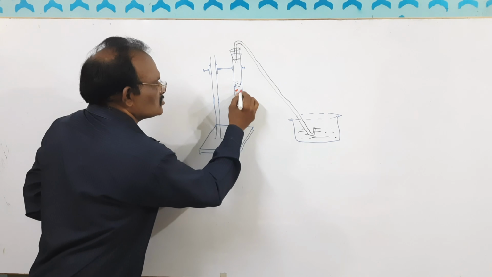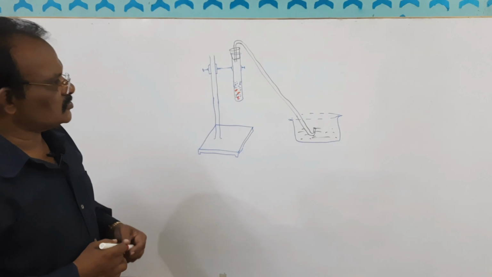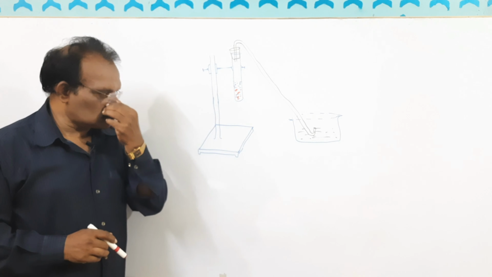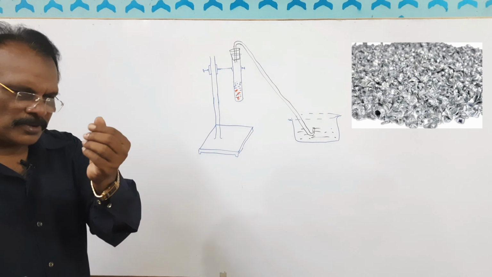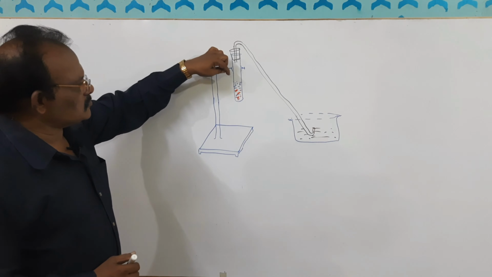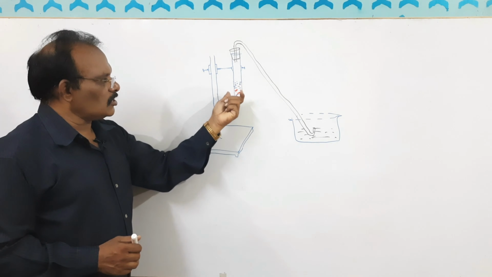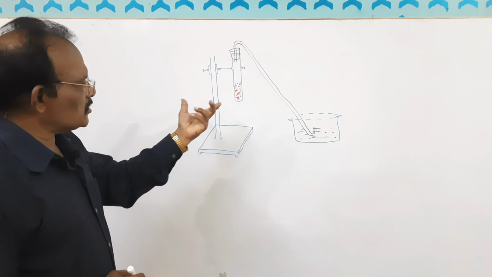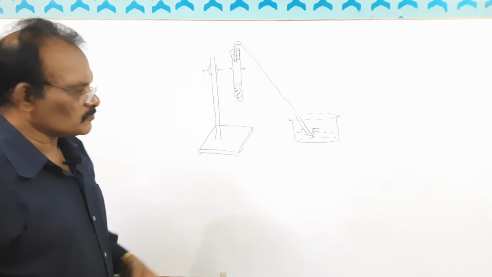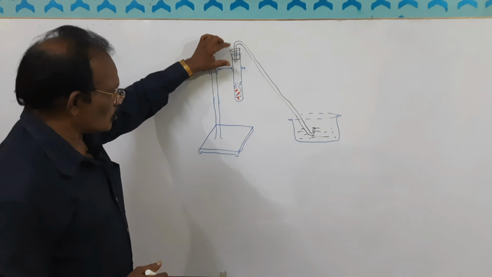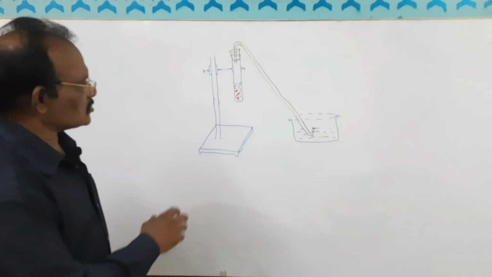This red piece is a zinc granule. Zinc granules will look like this originally. Now when you put zinc granules in dilute sulfuric acid, what happens? A reaction starts. Immediately close this stopper, a reaction starts.